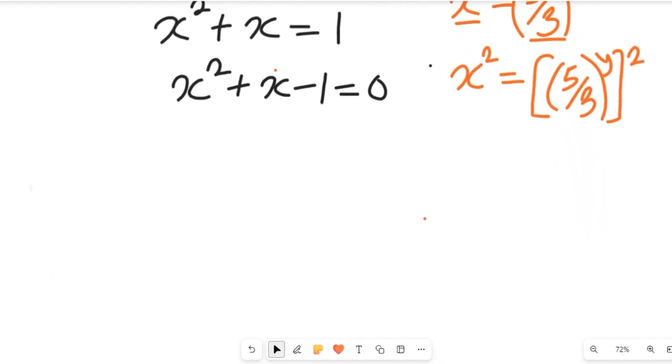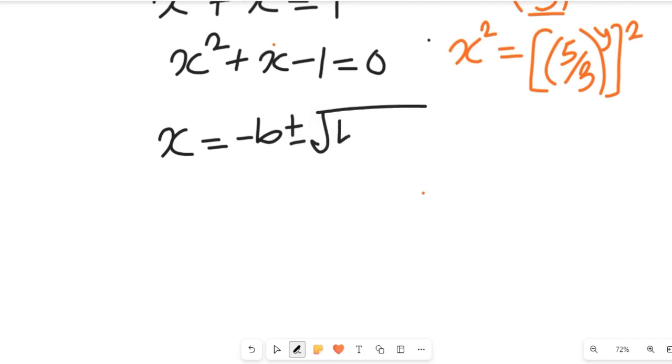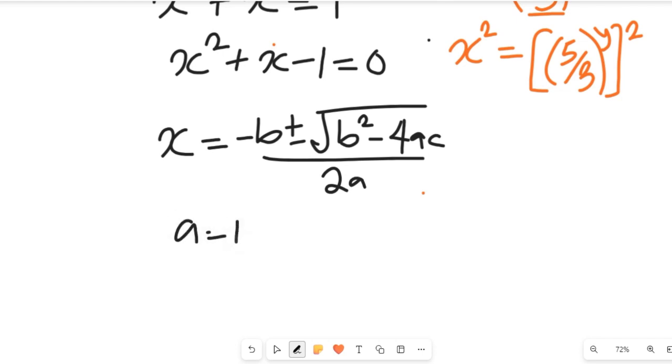So that was the quadratic equation. We're going to solve that quadratic equation using the quadratic formula, where x will be equal to negative b plus or minus the square root of b squared minus 4ac, divided by 2a. From that expression, our a will be equal to 1, our b will be equal to 1, and our c will be equal to negative 1.